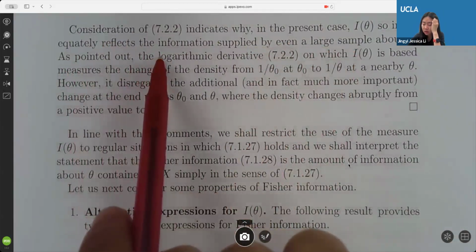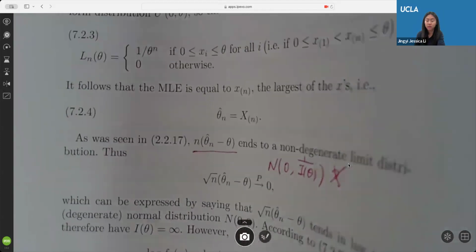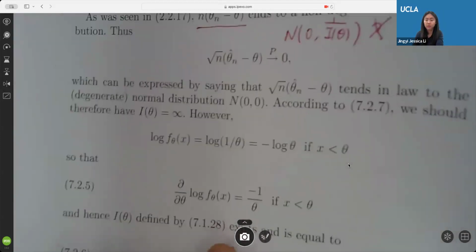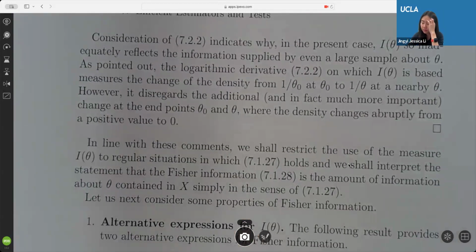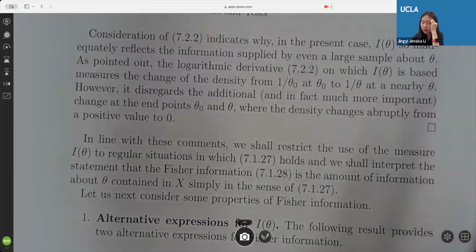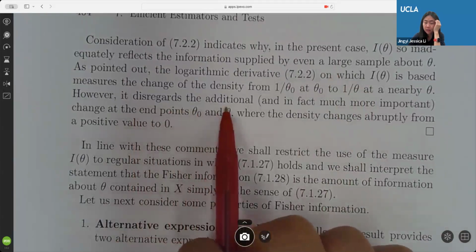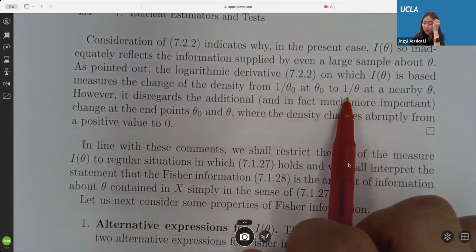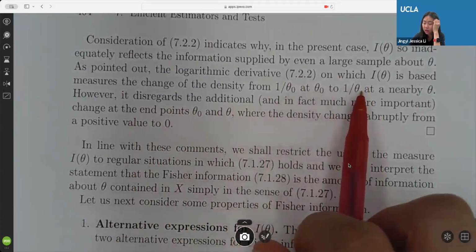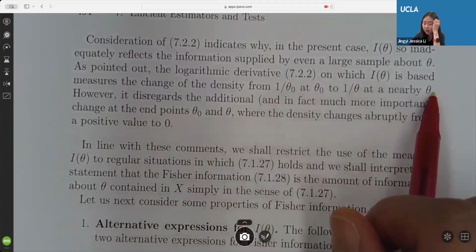As pointed out, the logarithm derivative, this one, is just minus 1 over theta, on which I(theta) is based, and it measures the change of density from this theta 0 value to this theta value. We measure the change of that log density. So this is the log density at theta 0, log density at theta.